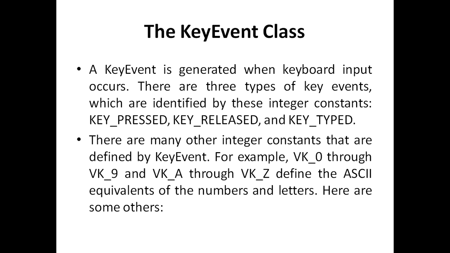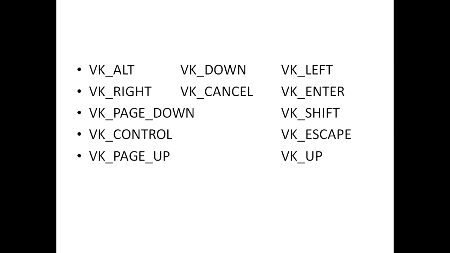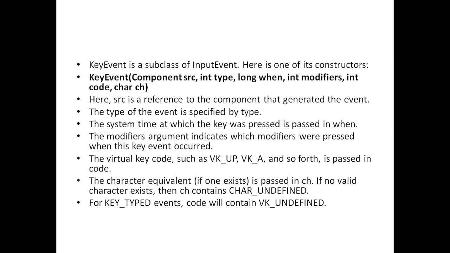For example, VK_0 through VK_9 and VK_A through VK_Z, which define the ASCII equivalents of the numbers and the letters. Then we have VK_ALT, VK_RIGHT, VK_PAGE_DOWN, VK_PAGE_UP, VK_CANCEL, VK_CONTROL, VK_LEFT, VK_ENTER, VK_SHIFT, VK_ESCAPE, VK_UP, like that. KeyEvent is a subclass of InputEvent.